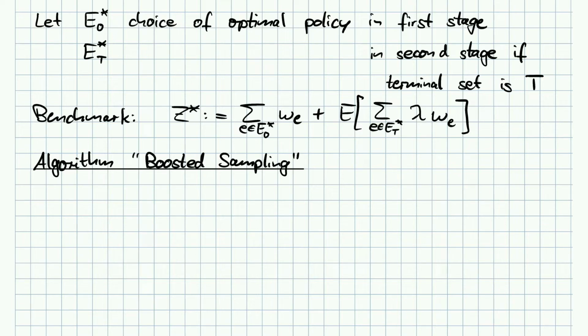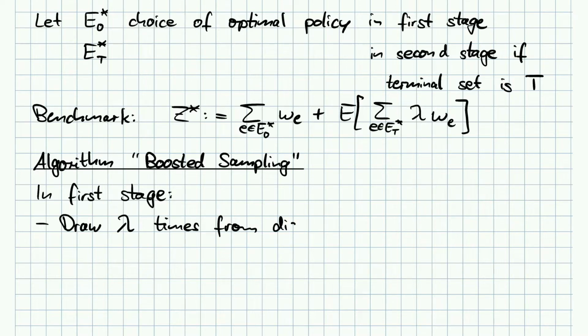And what we do is, in the first stage, we draw lambda times from the distribution and we'll call the outcome S1 through S lambda.